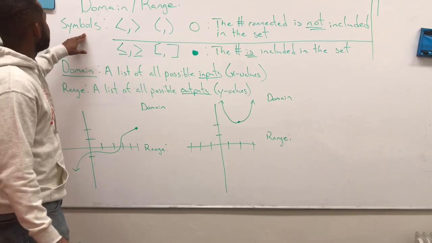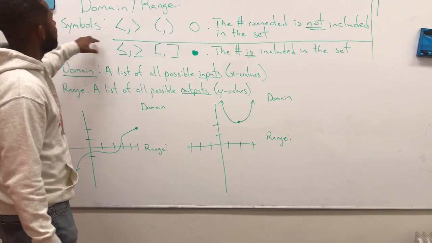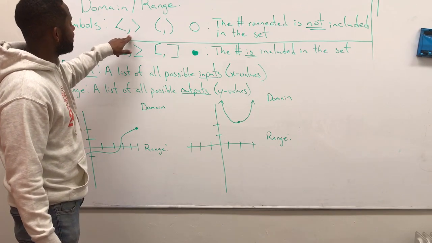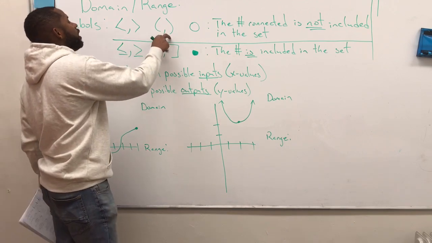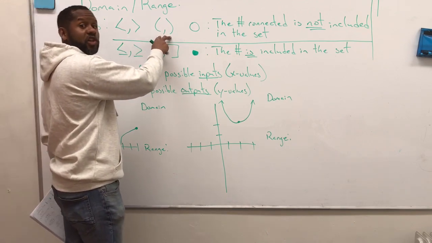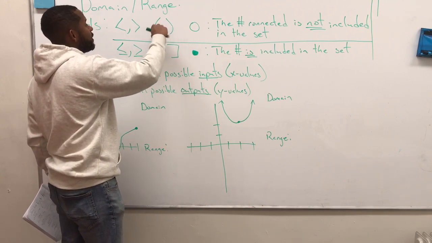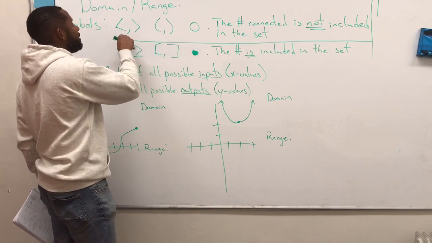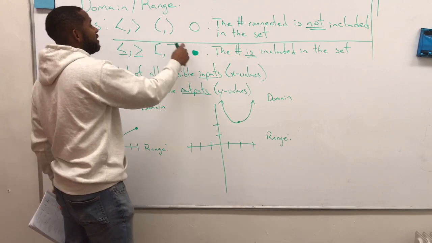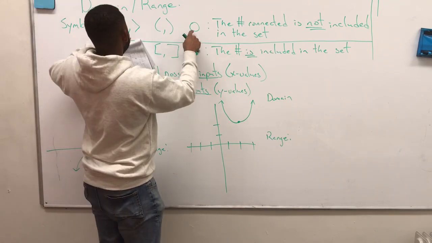All right, so first let's talk a little bit about these symbols. First we have the greater than, less than symbol. We have this new symbol that we're going to use to show domain and range notation. It's kind of these parentheses symbols. It means the same thing as greater than or less than. And we have the open dot. You've seen these before.